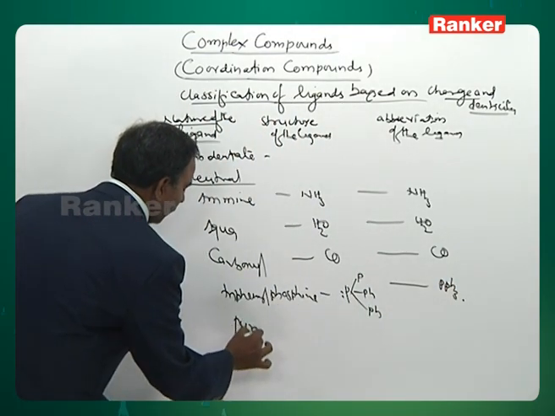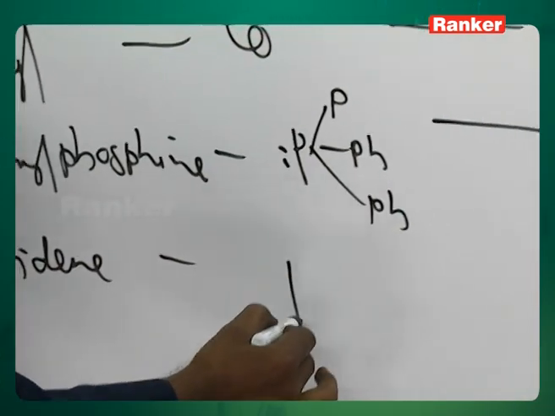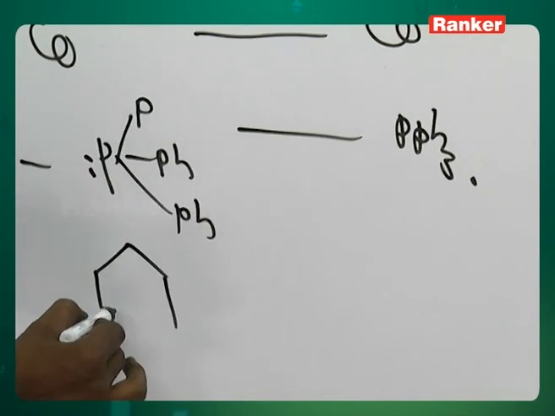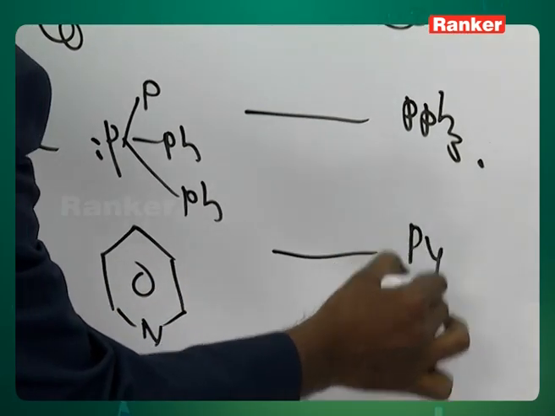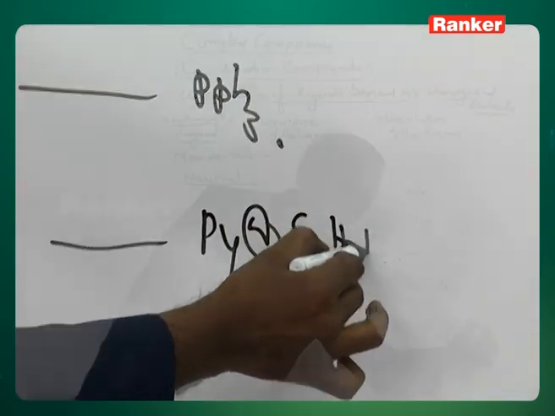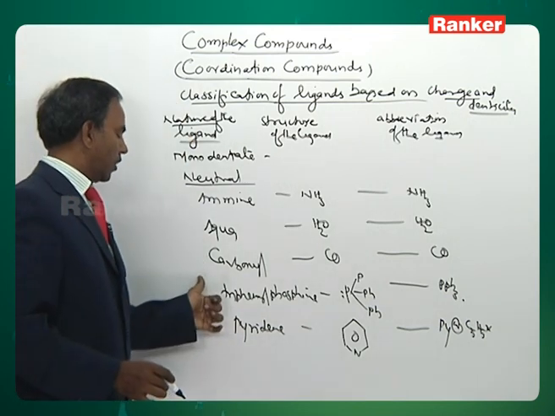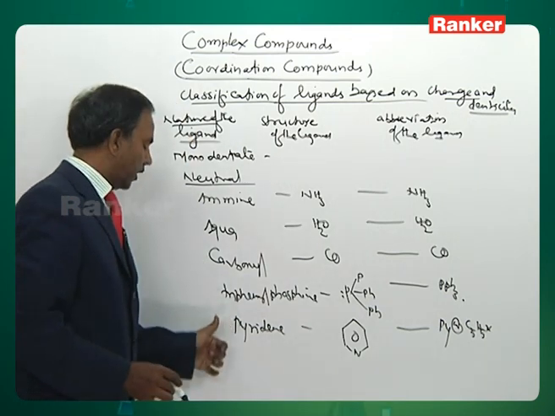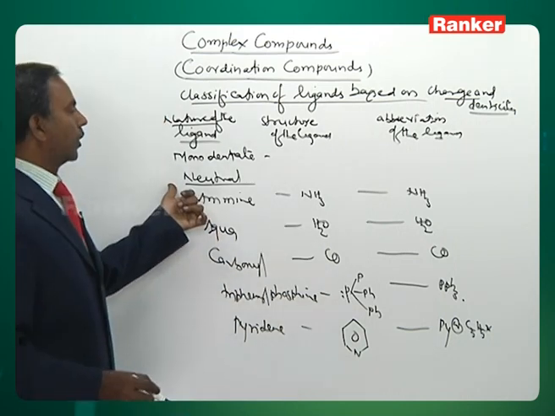And you can take pyridine. You know it well, it is simply pyridine, and you can represent this either as py or as C5H5N, either way. These are amine, aqua, carbonyl, triphenylphosphine, and pyridine. These are some of the neutral monodentate ligands.